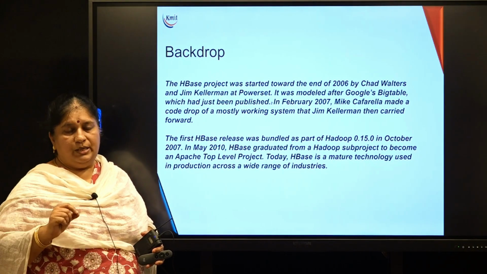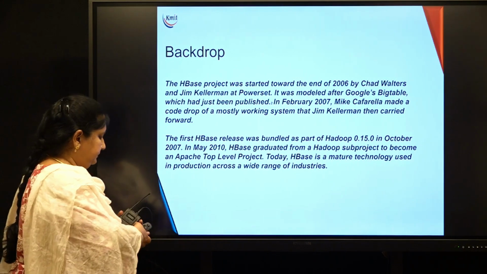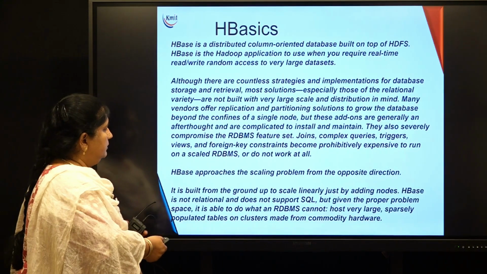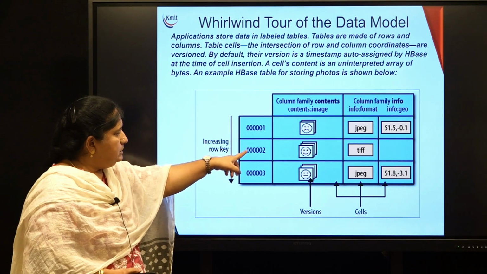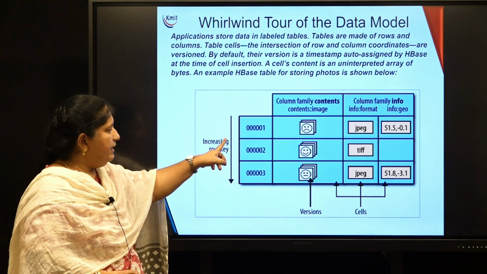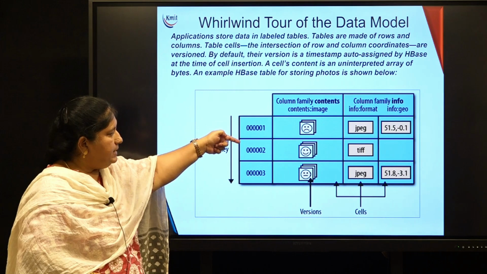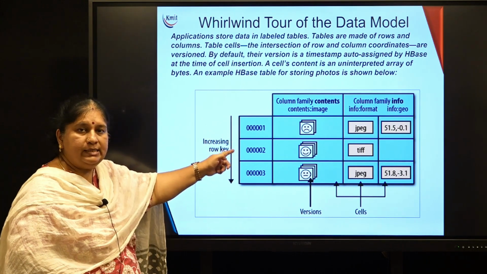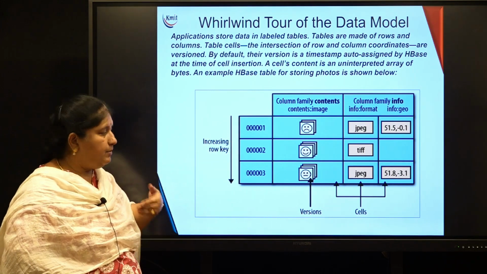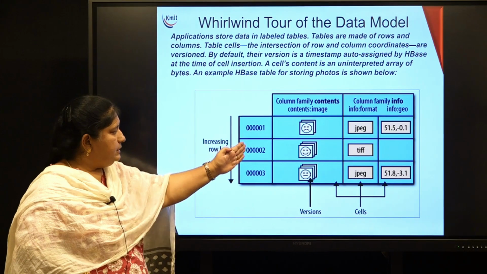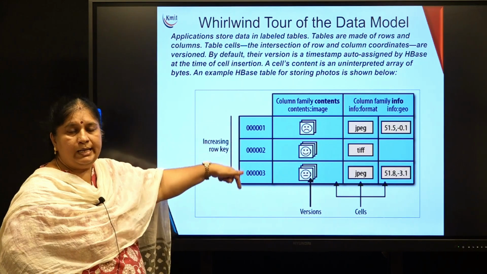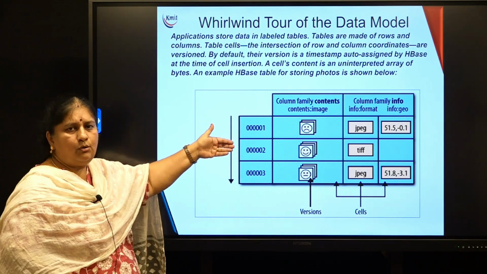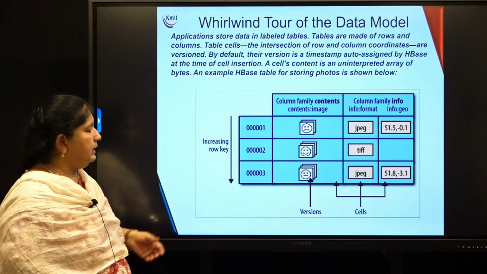In case of HBase, we call it the row key. So this row key is a unique identifier for every row, and it will be in ascending order and an increasing value. We need to remember about the row key: it is unique for every row, it will be in increasing order, and the values are auto incremented for every row you are inserting.